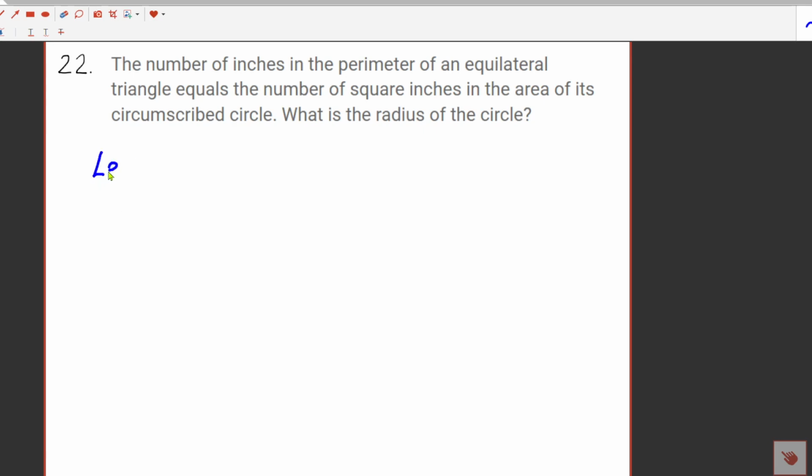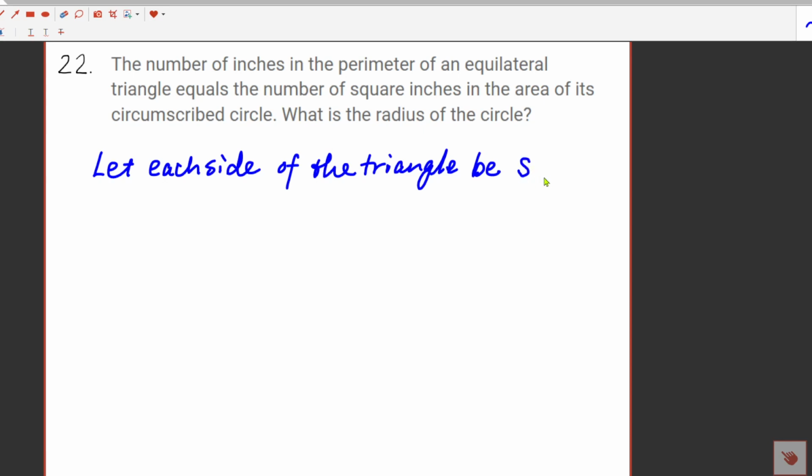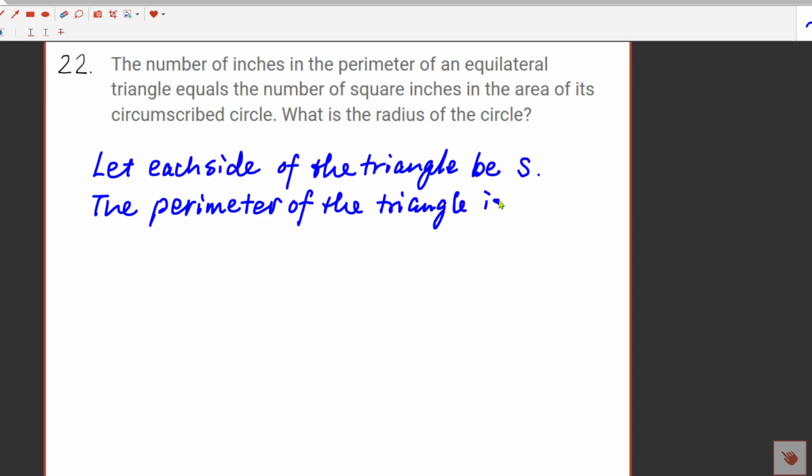Okay, so we could let each side of the triangle be length S. Then the perimeter of the triangle is 3S, right?